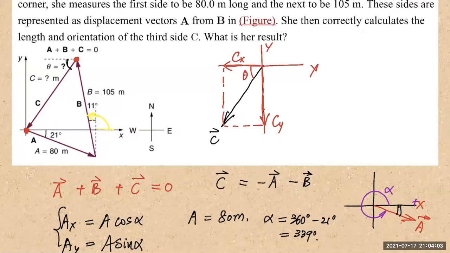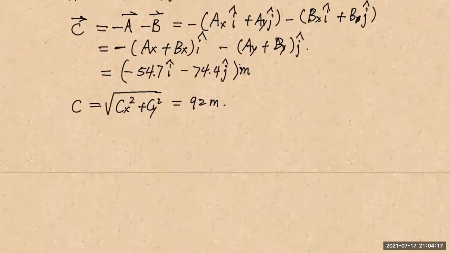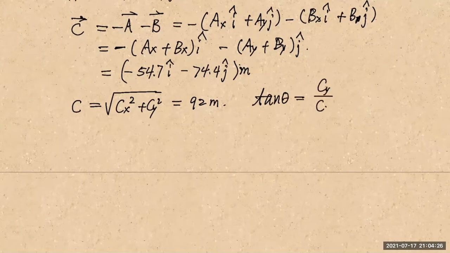So clearly, if you know how long this side is, which by the way is just the length of Cx, and that side, which is the length of Cy, you can find the angle. Tangent theta equals Cy over Cx from this diagram. So let's find the angle theta. Tangent theta equals Cy over Cx. In fact, both Cy and Cx are negative, so that cancels out.